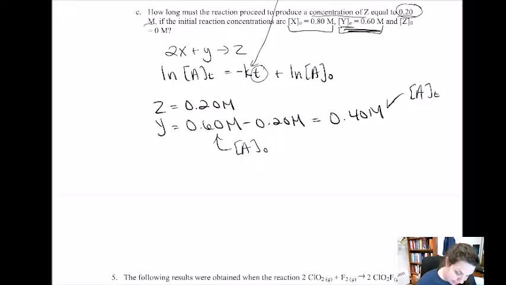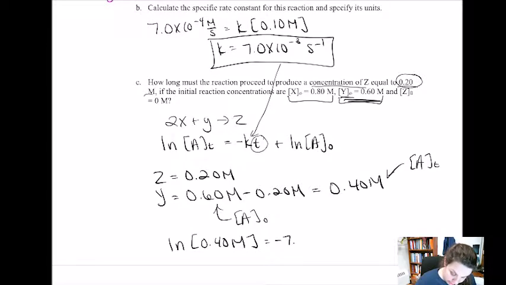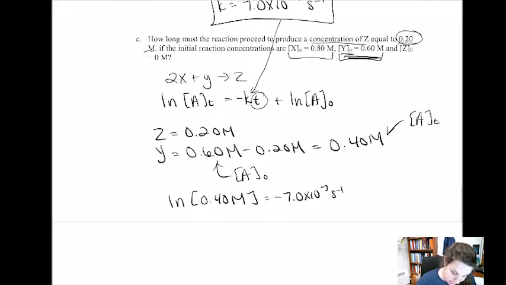Okay, so I'm going to say ln of 0.40 molar is equal to negative K, which is 7.0 times 10 to the negative 3 seconds to the negative 1, times my time, plus ln 0.60 molar.